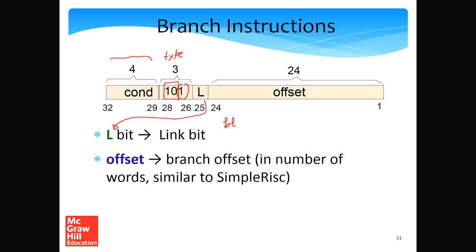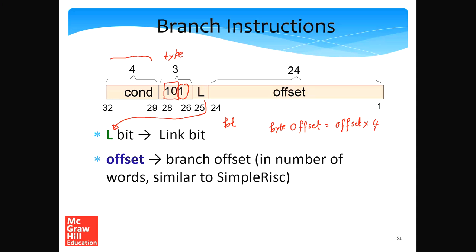So this is the branch offset, very similar to simple RISC. And also similar to simple RISC, this is not the offset in terms of bytes, it's the offset in terms of memory words. A memory word is defined as 4 bytes in this case. So the byte offset is equal to the offset specified over here multiplied by 4.